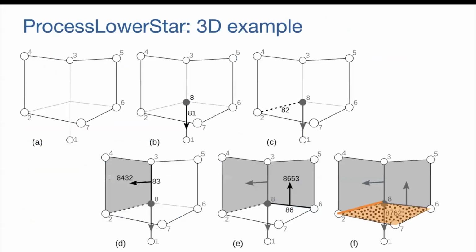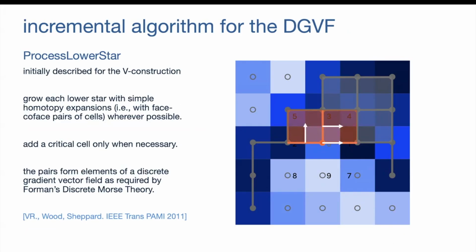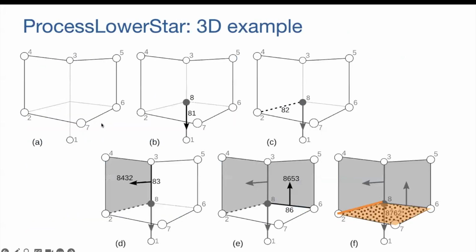Okay. So I'm just going to show you this 3D example, which I'll talk you through because some people find this a bit hard to parse. Anyway, so you have to imagine what I've done now is I'm focusing on the pixel 8 and I'm adding its lower star.